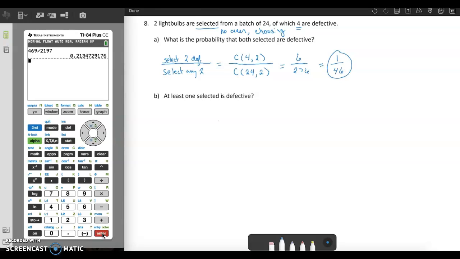And for our last question, they say, what is the probability that at least one selected is defective? So probability at least one defective. That's the same as 1 minus the probability that none are defective.